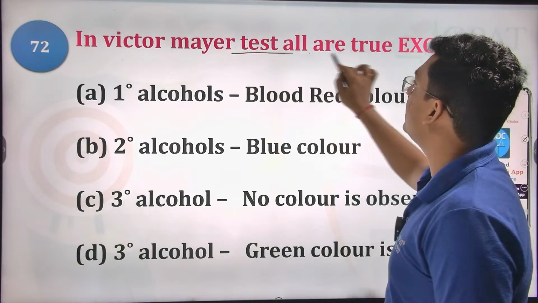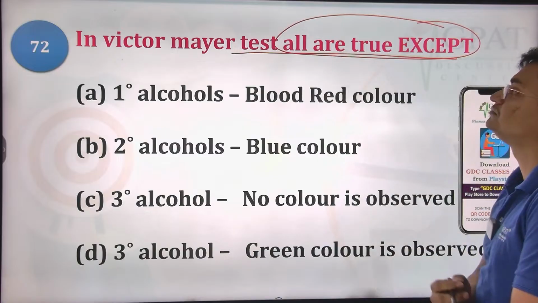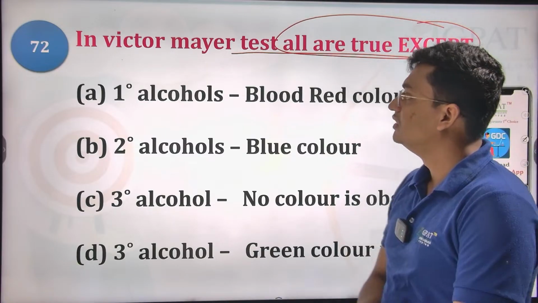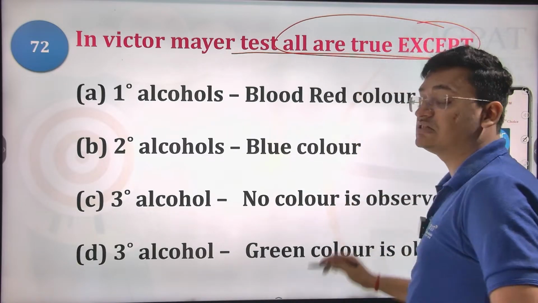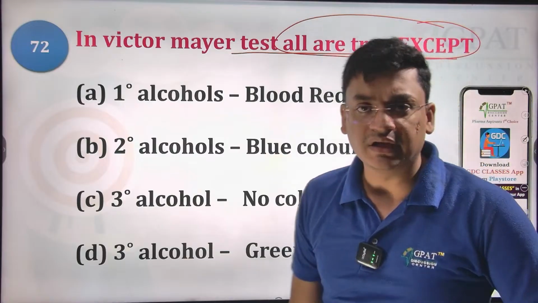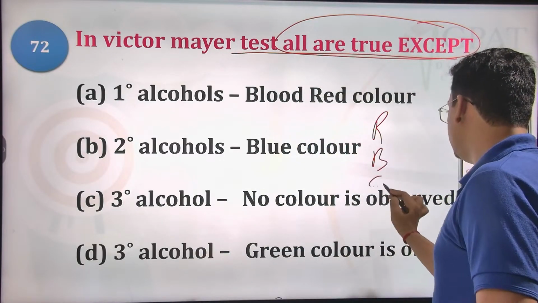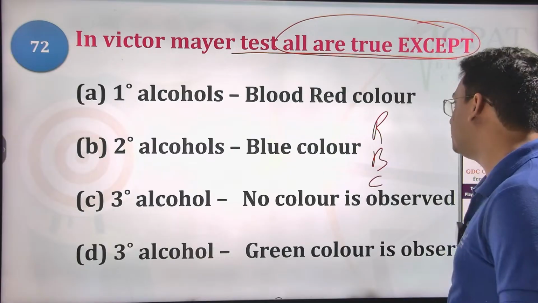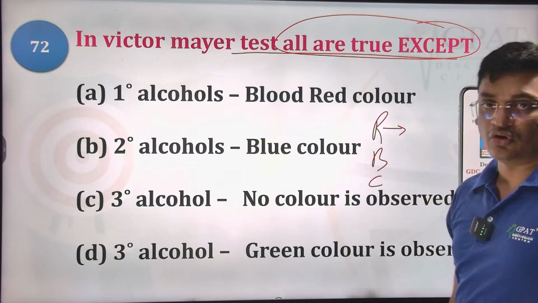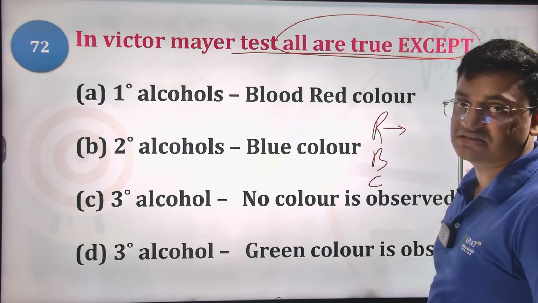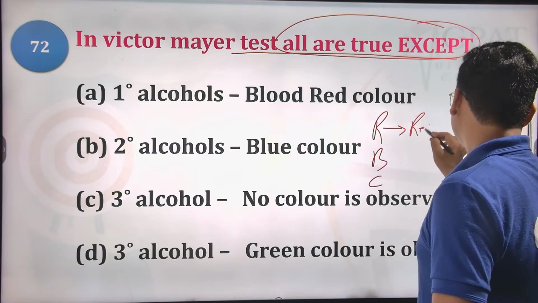In the Victor-Meyer test, all are true except one. The Victor-Meyer test is related to the identification of 1 degree, 2 degree and 3 degree alcohols. You can simply learn this test by RBC. When a 1 degree alcohol reacts in the Victor-Meyer test, it gives blood red color.